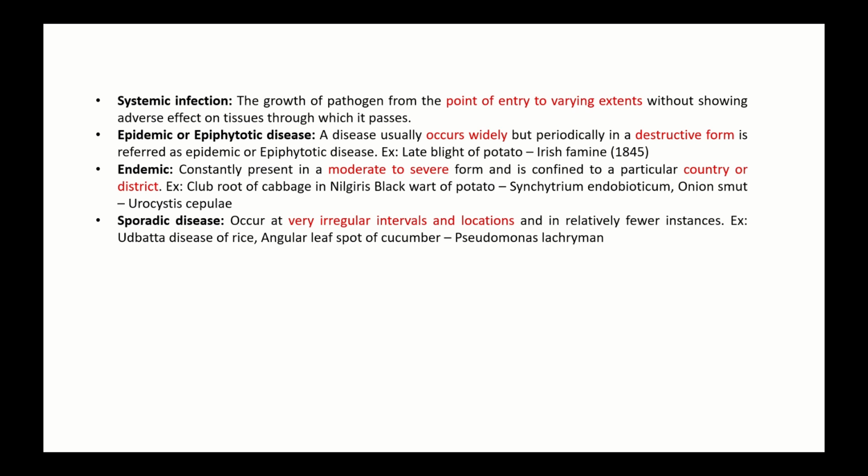Endemic is a moderate to severe disease in a particular area or country, like club root of cabbage, black wart of potato, onion smut. What do you mean by sporadic disease? It occurs at very irregular intervals and locations, like angular leaf spot of cucumber.